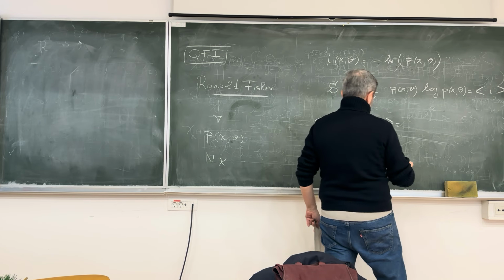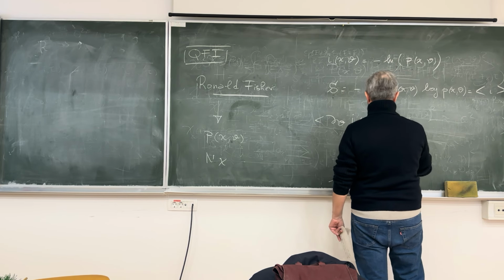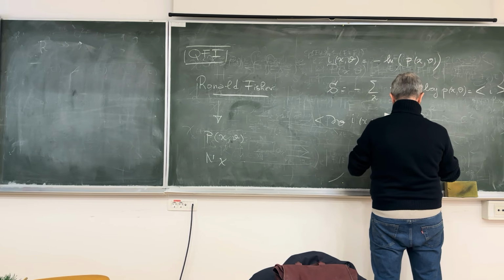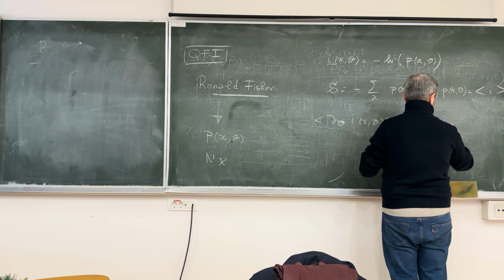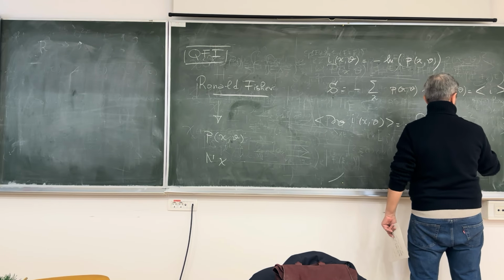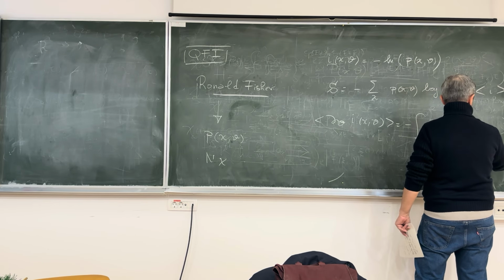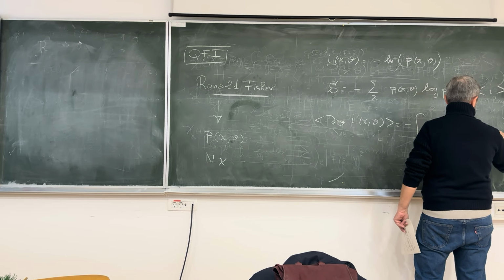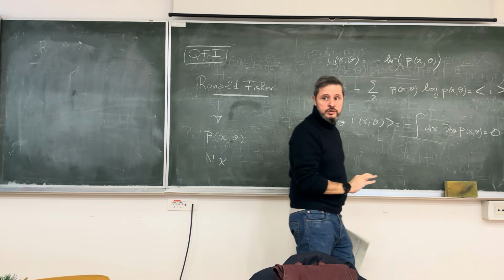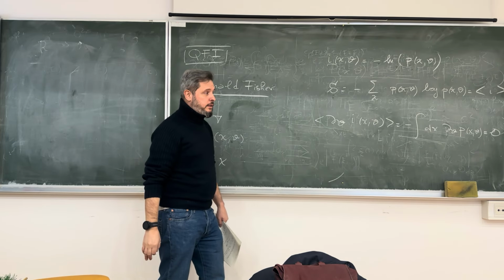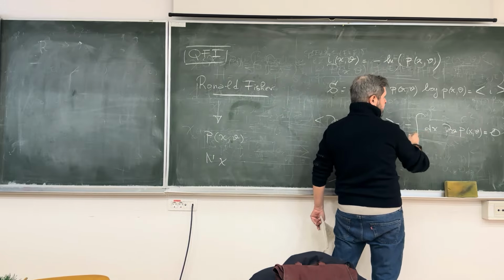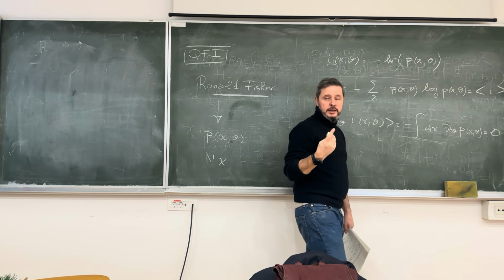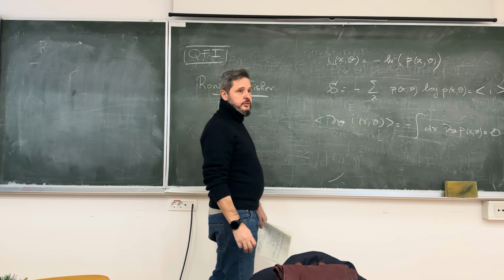And this, unfortunately, if you do the calculation, turns out to be equal to this, which is equal to 0 because the probability distribution is normalized to 1, right? So you take the derivative outside, the integral of p of x is 1, and then this is equal to 0.